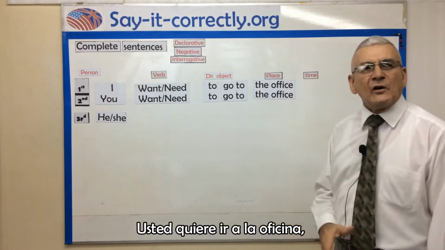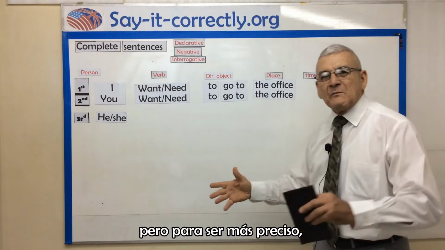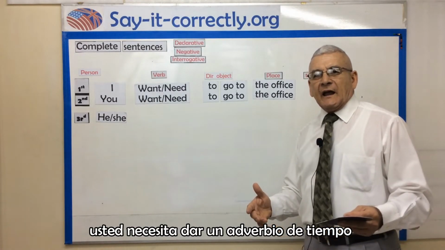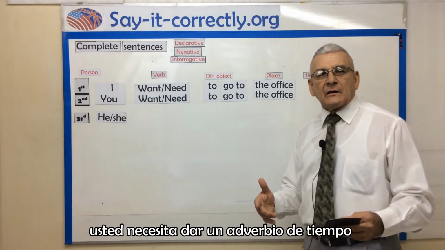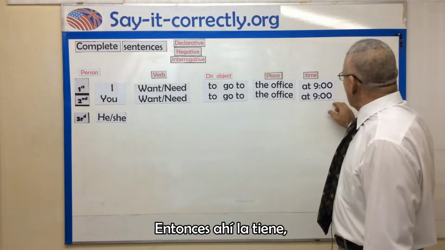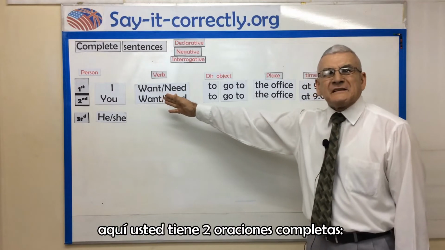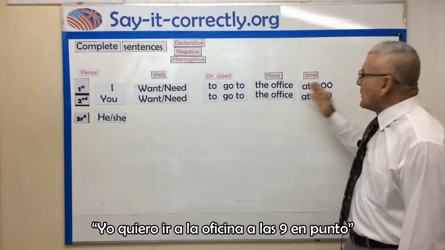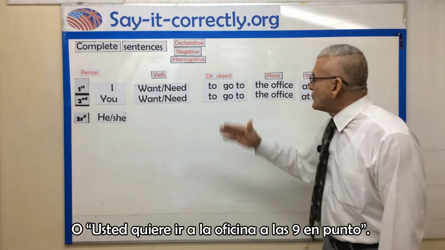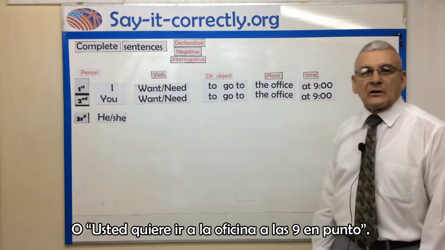You want to go to the office. But to be more precise, you need to give an adverb of time: at 9 o'clock. So there you have two complete sentences. I want to go to the office at 9 o'clock. Or you want to go to the office at 9 o'clock.